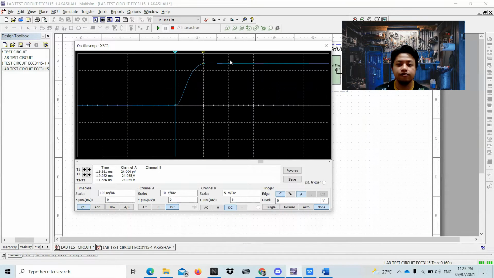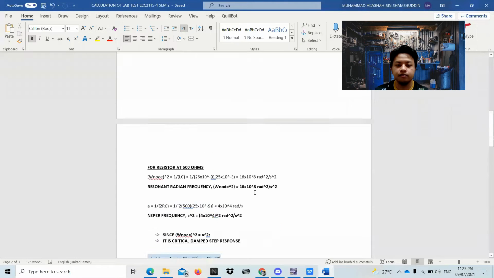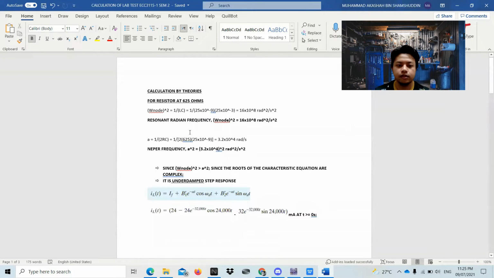Now I'm going to verify this simulation graph with my calculation. Here, for the resistor at 625 ohms, I will have to find the resonant radian frequency and also the Neper frequency to determine whether it is underdamped, critically damped, or overdamped.